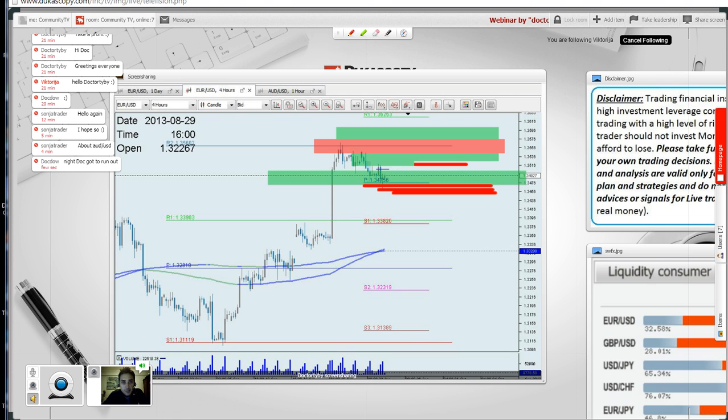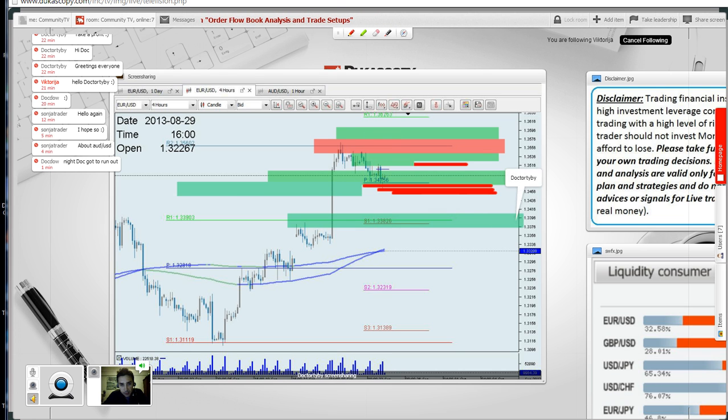Much more, in my opinion, much more liquidity on the downside, especially at 1.3450, 1.34 area. As I said, to the side, then we have only demand at 1.3470. Battle between buyers, as I said, also at 1.3450. 1.34 shows demand.